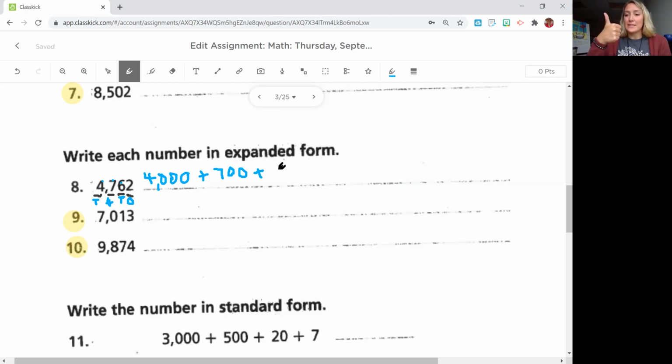I know that because 10, 20, 30, 40, 50, 60. If I count by 10 6 times, I get 60. And there are 2 ones. That is expanded form.